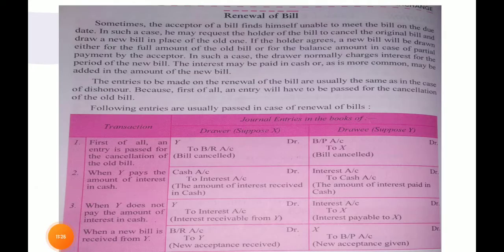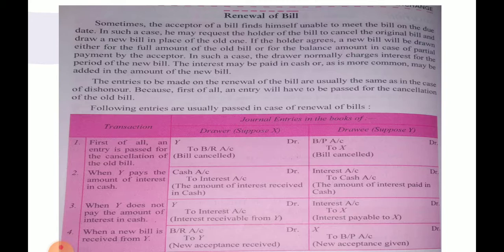After dishonor of the bill, there is a chance to renew the bill. Sometimes the acceptor of the bill finds himself unable to meet the bill on the due date. In such a case, he may request the holder of the bill to cancel the original bill and draw a new bill in place of the old one.